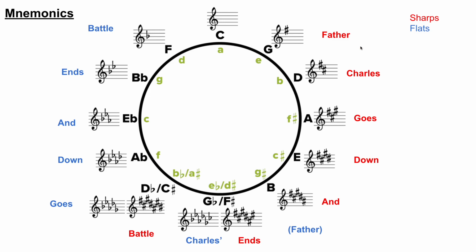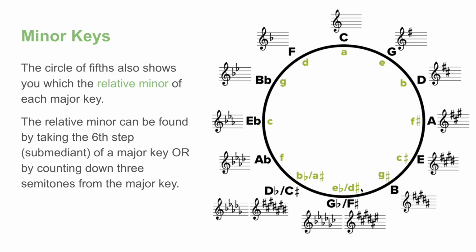So the sentence forwards for the sharps, the sentence in red, and the sentence backwards, the sentence in blue here, for the flats. Cool. And that's a nice ready reference for the sharps and flats in major keys.